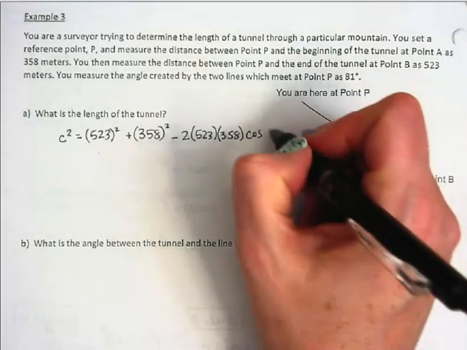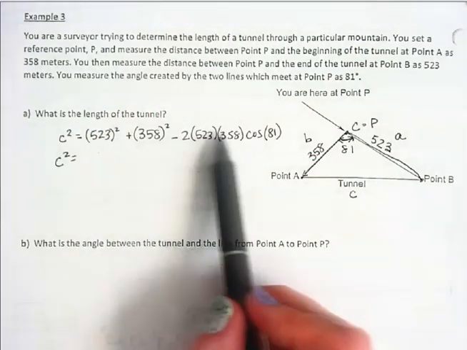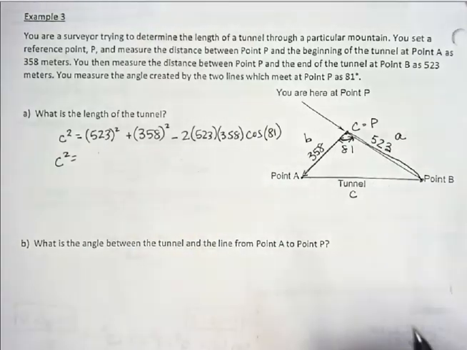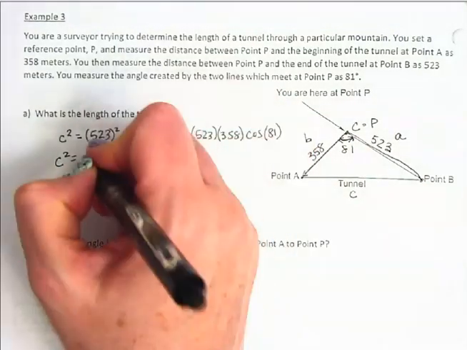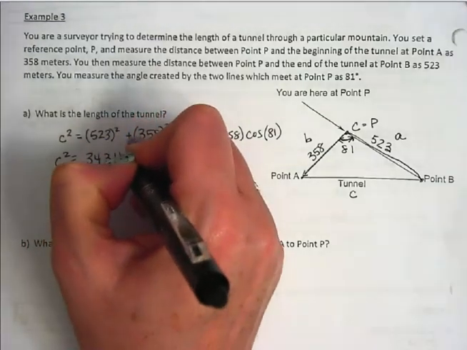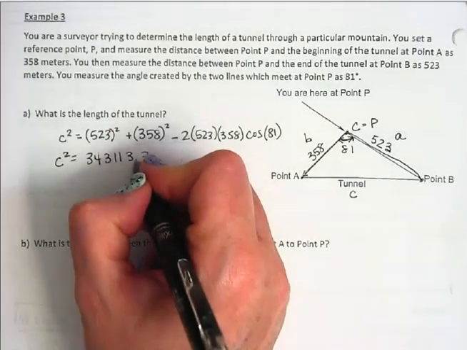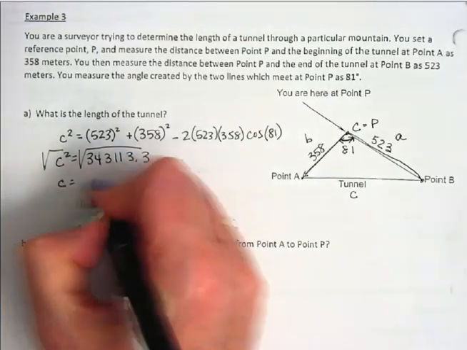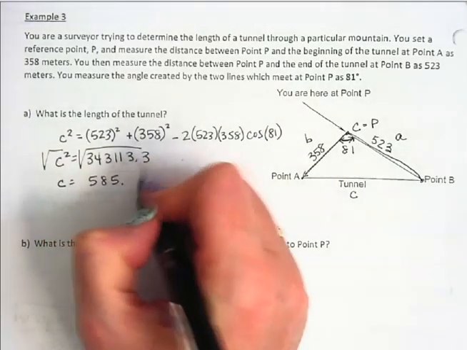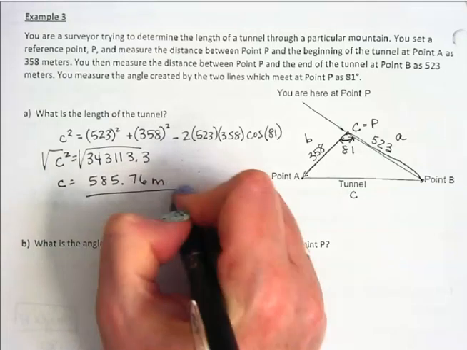It's 81. All the math happens, whether it's your calculator, Desmos, your phone, your order of operations, and we get 343,113.3, and then we square root both sides and have approximately 585.76 meters for the length of the tunnel.